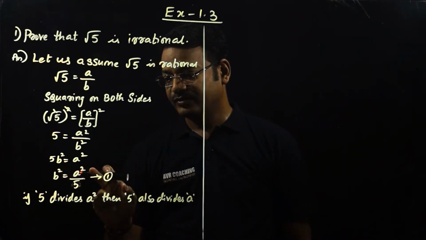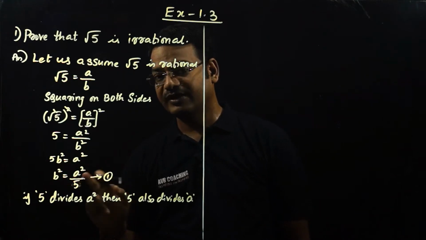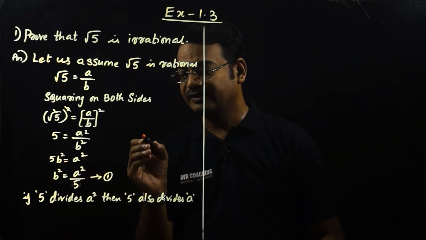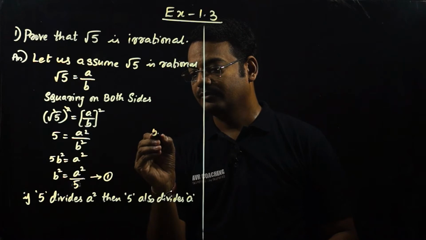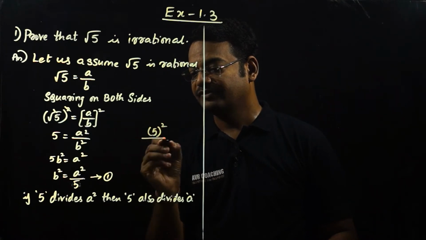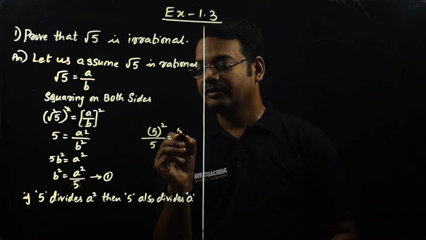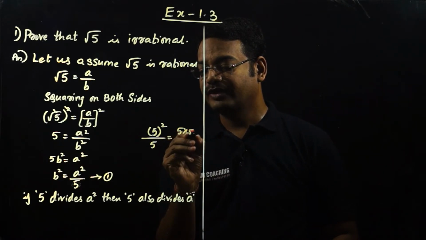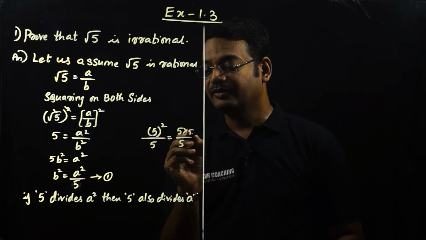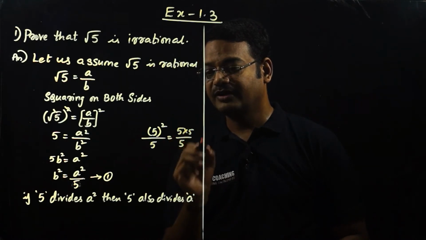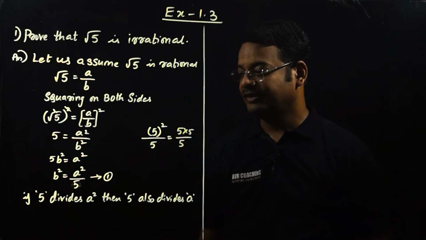Means if 5 square, 5 into 5, can be divided by 5, then 5 is also divisible by 5.